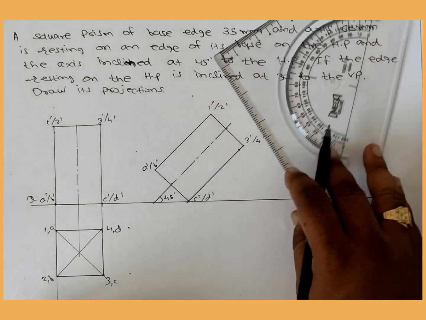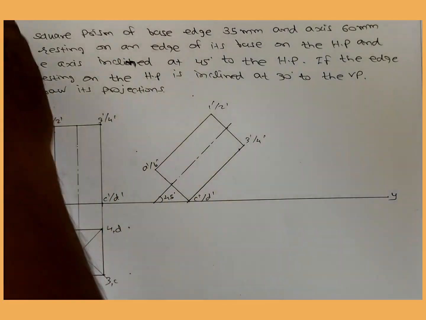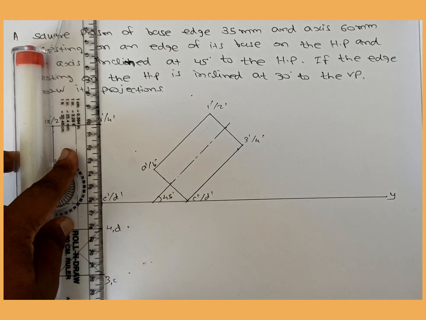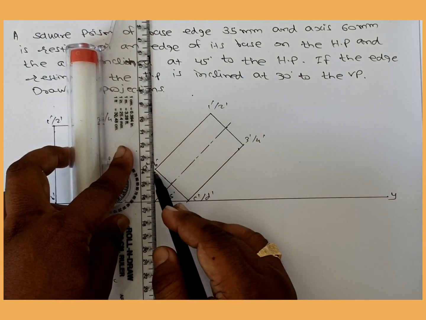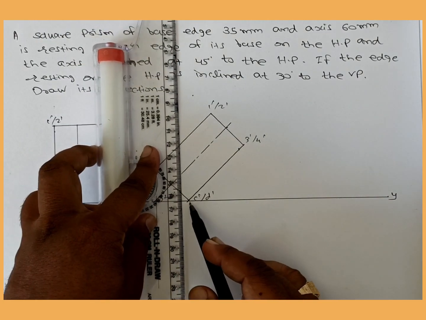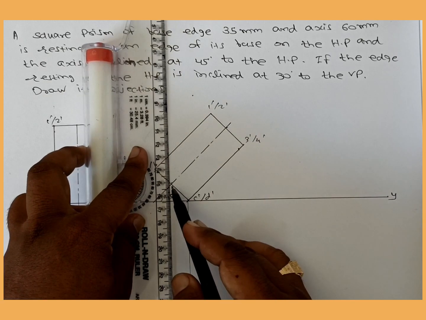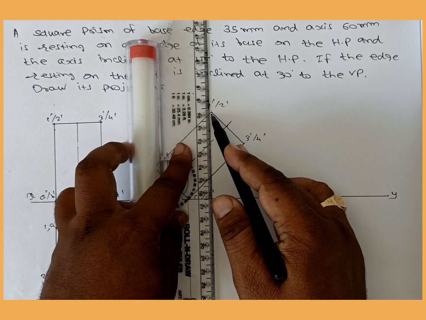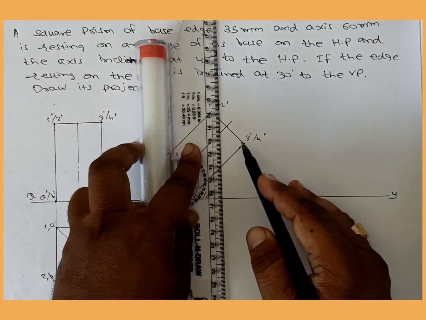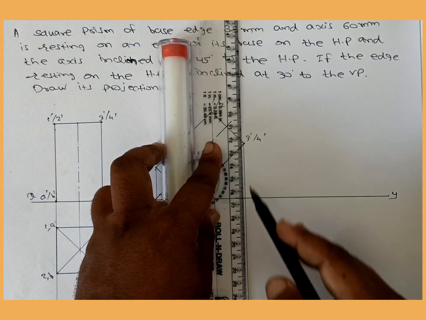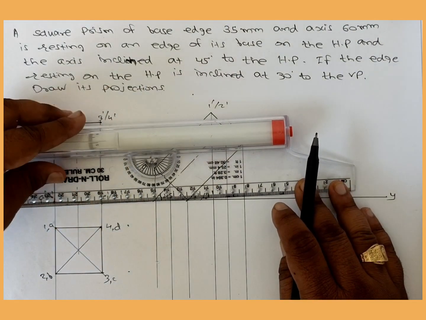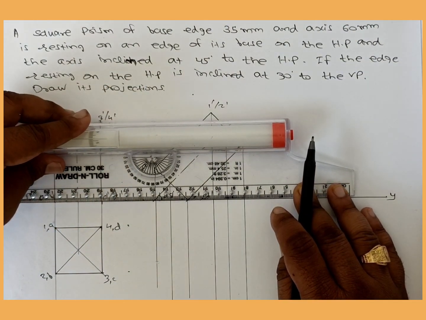Now we have to take the vertical projection, and from here we have to draw the horizontal projection.